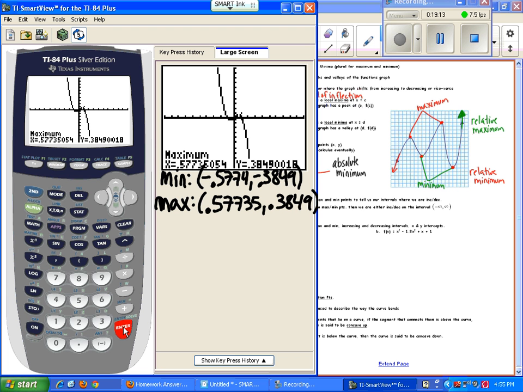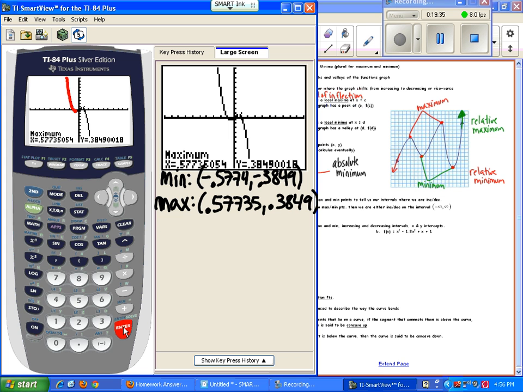After you find the maximum and minimum points, it becomes a little bit easier to find the intervals where we're increasing and decreasing, because you're basically using your maximum and minimum points for that. I know that my graph from here all the way to about right there where the minimum is, notice as we move from left to right, what are our y values doing?